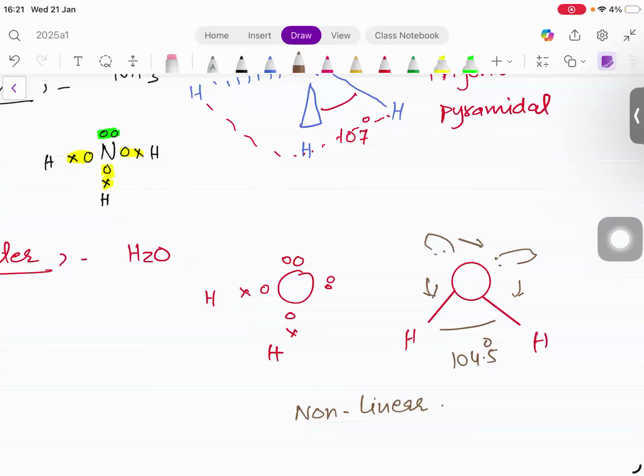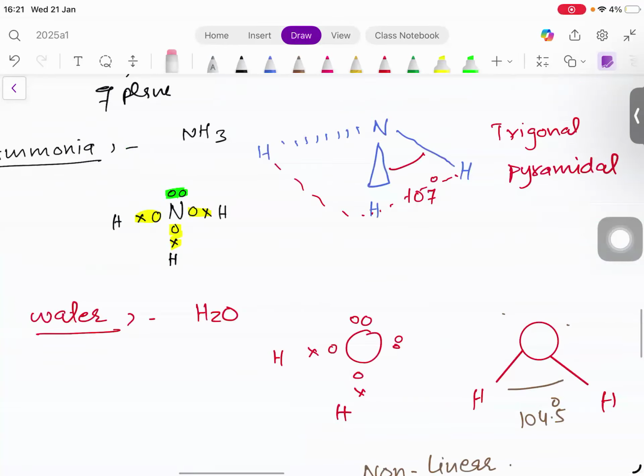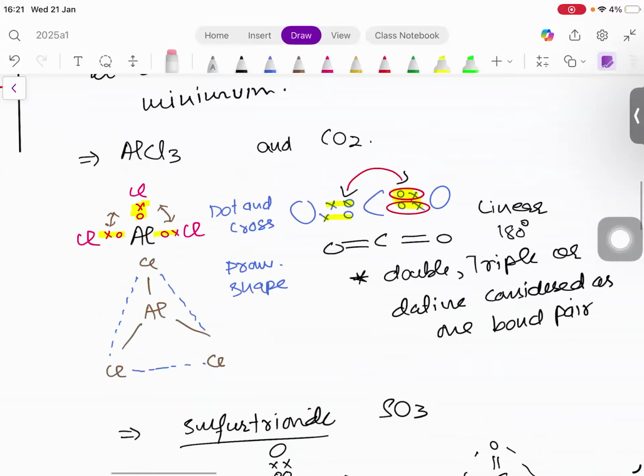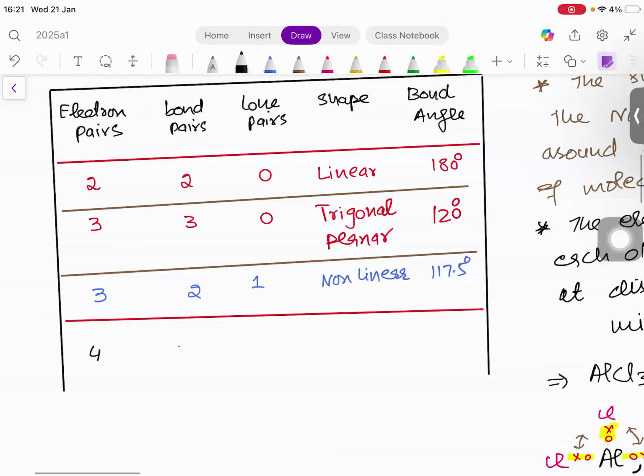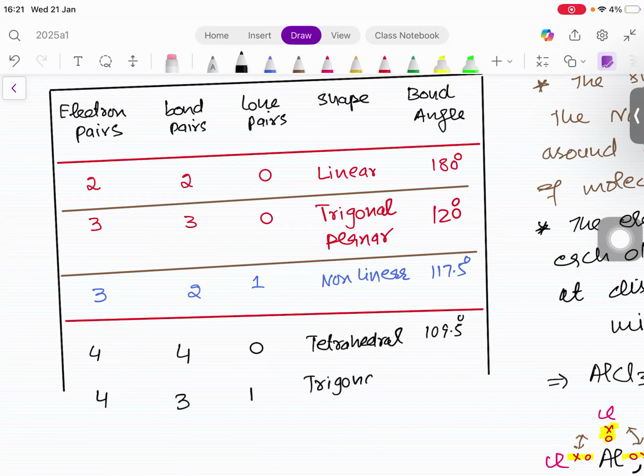Now I'm going to add this into the above table so we could memorize it here. For example, look, if there are four electron pairs, four of them bond pairs, zero lone pair, the shape is tetrahedral. Angle is 109.5. If four electron pairs, three bond pairs, one lone pair, trigonal pyramidal, my apologies, with a bond angle of 107.